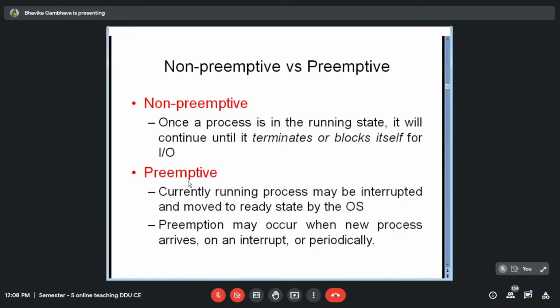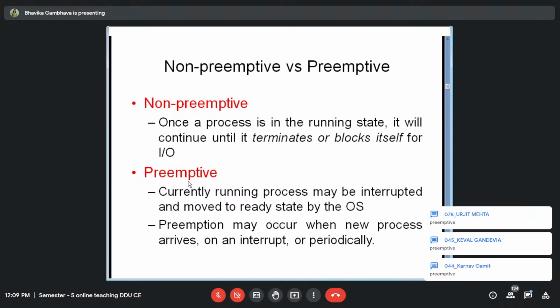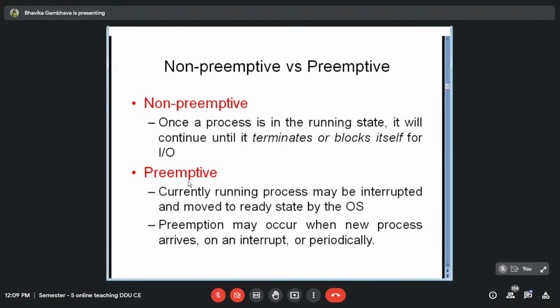So non-preemptive versus preemptive. Which one do you think is an attractive approach? Yes, all of you are saying preemptive. Why not non-preemptive? Why are you not opting for non-preemptive?